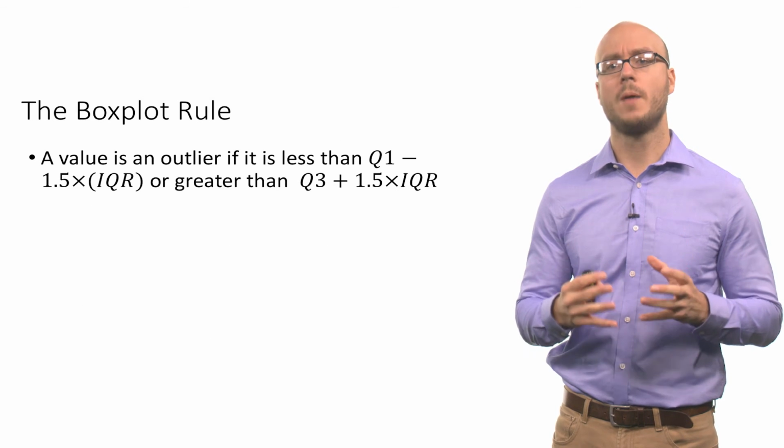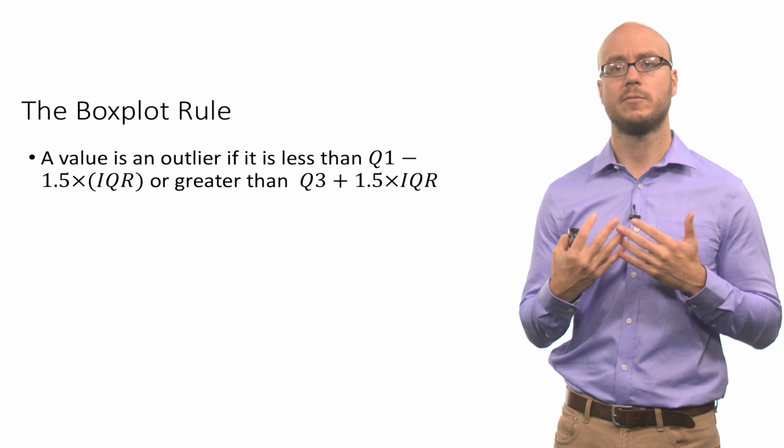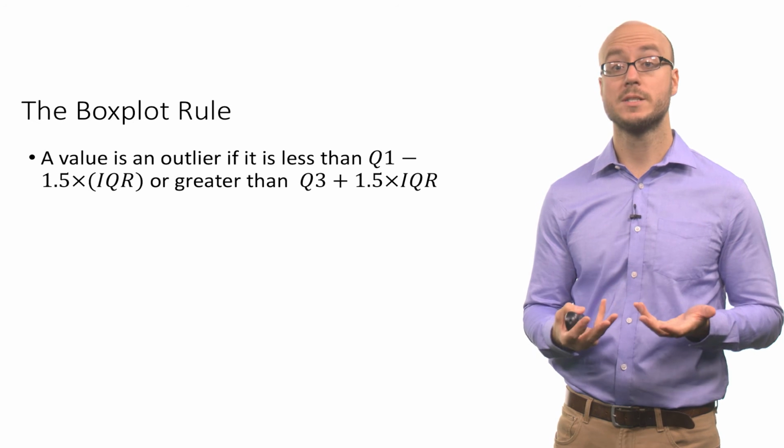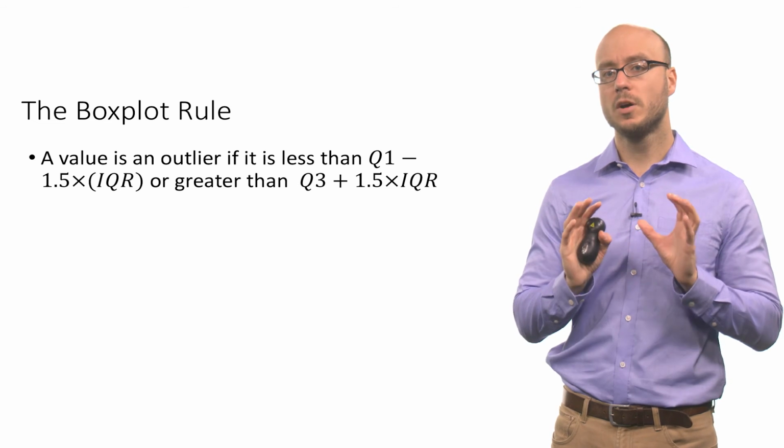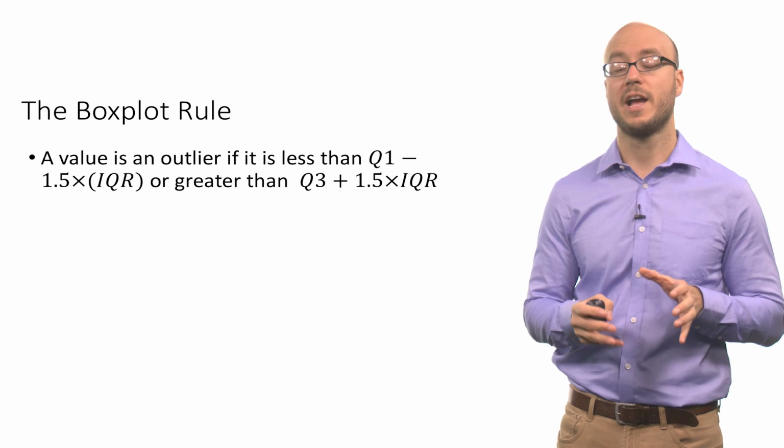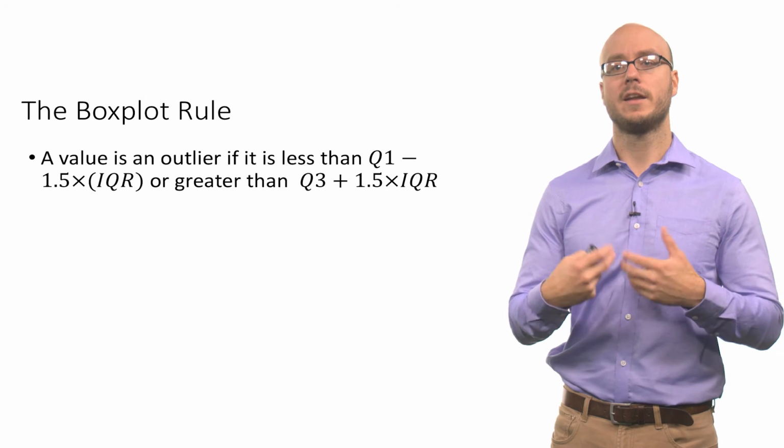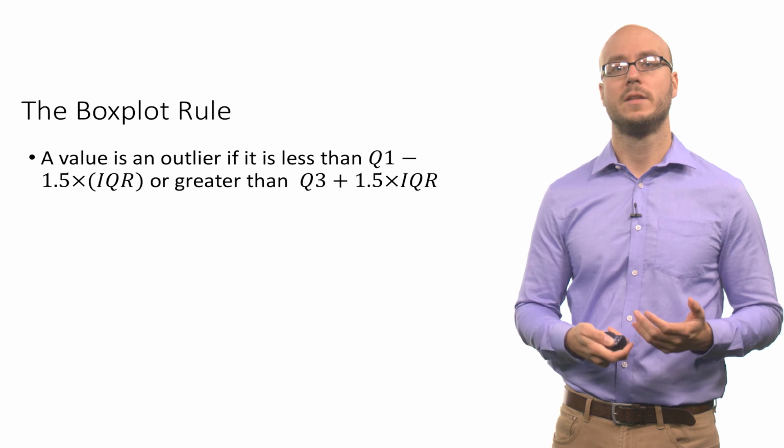One commonly used measure for finding an outlier is something known as the box plot rule. Because there is no one hard and fast rule for identifying outliers, a lot of people have coalesced around this idea.